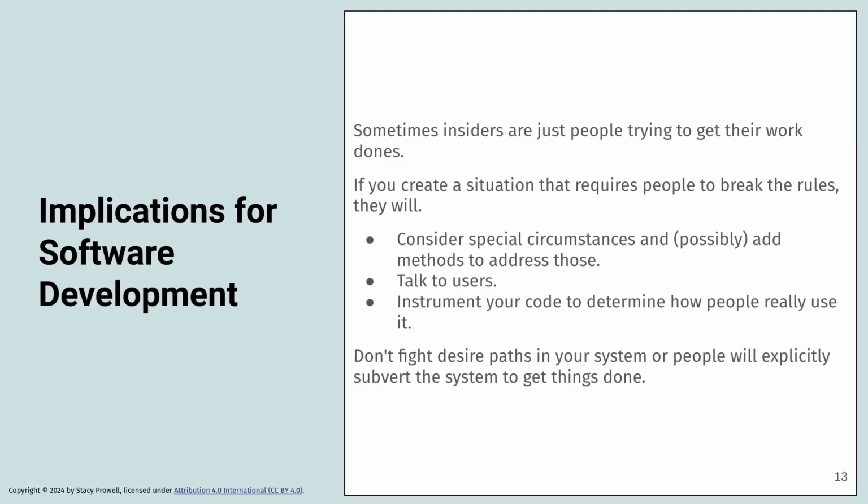The implications for software development are maybe obvious. I'm not sure. Sometimes insiders are just people trying to get their work done, okay? And if you create a situation that requires people to break the rules in order to get their work done, surprise, they're going to break the rules. They're going to figure it out, especially if they're insiders who understand the system.